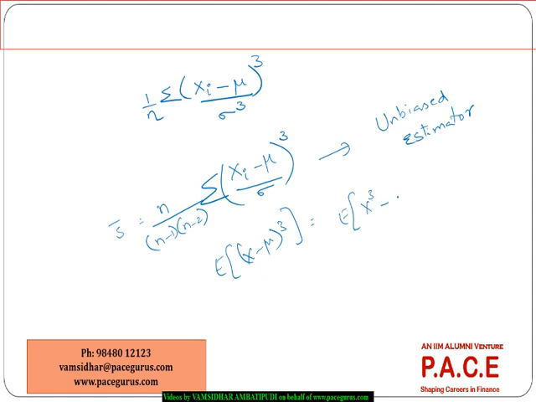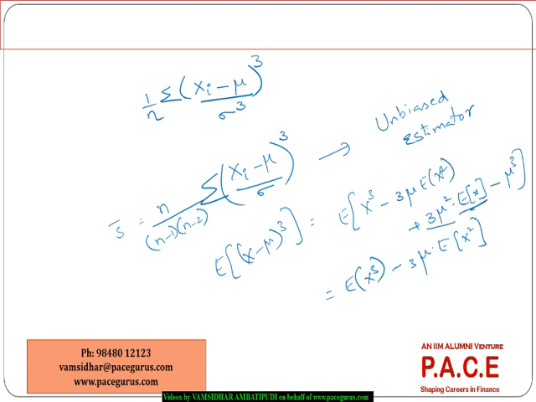Expected value of (x minus mu) cubed is expected value of x cubed minus 3 mu times expected value of x squared plus 3 mu squared times expected value of x, which is mu, minus mu cubed. That works out to 3 mu cubed minus mu cubed, which is 2 mu cubed. So this is the relationship between the expected value of (x minus mu) cubed and the individual expected values of x cubed, x squared and x.